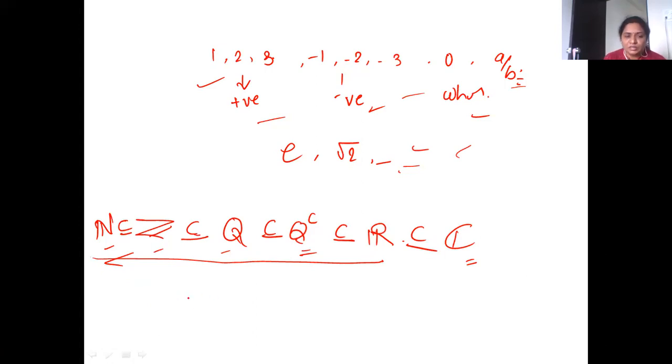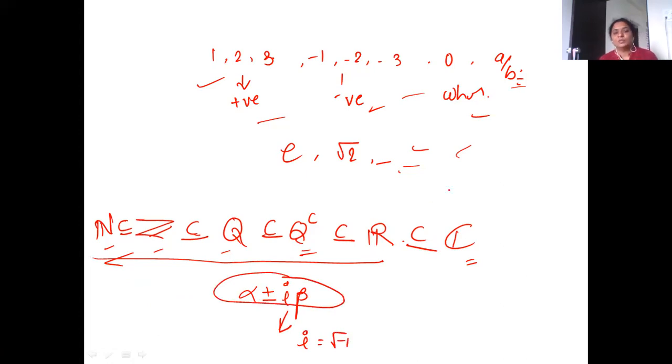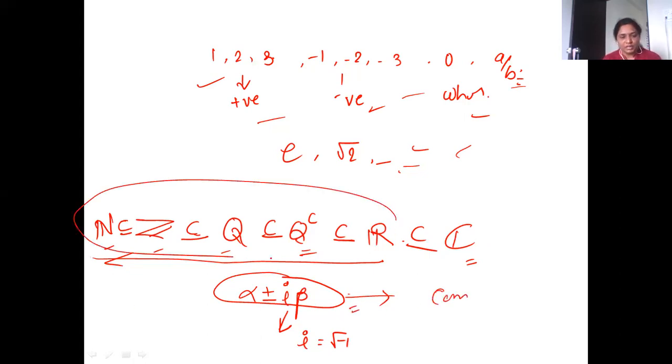Complex numbers are always of the form alpha plus minus i beta, the numbers which have i in them. Except this form, all the numbers are real numbers. So the first part is real, and the next type we have defined is imaginary or complex numbers.